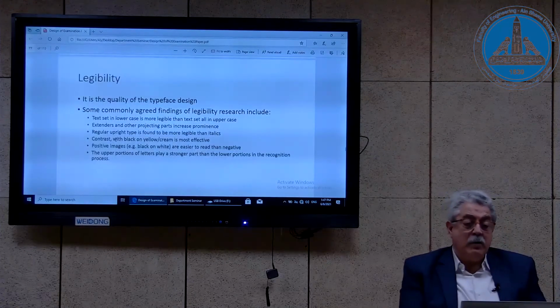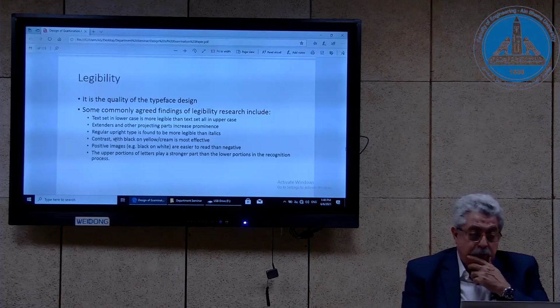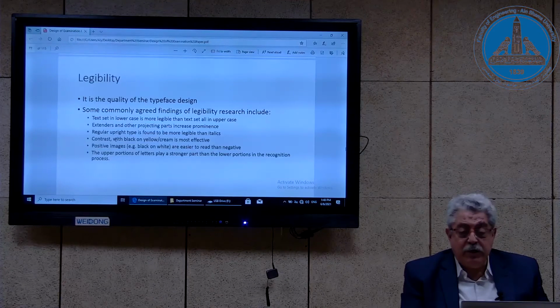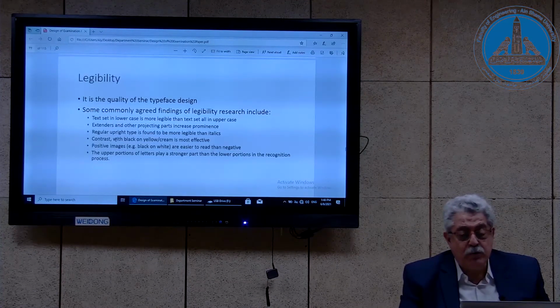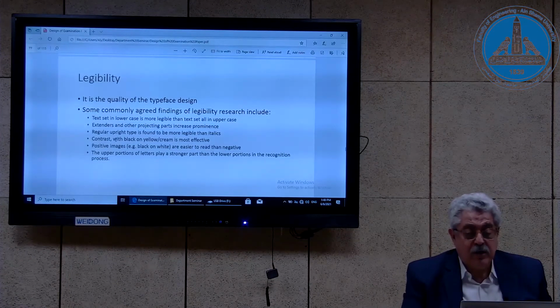Here are some guidelines to control legibility of the text. Some commonly used findings of legibility research include: text set in lowercase is more legible than text set in uppercase. All these pieces of advice are important for people who write their examinations. Extenders and other projecting parts increase prominence.